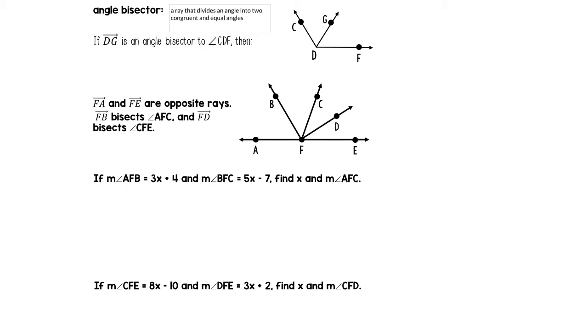So this says if ray DG is an angle bisector to CDF, then we can say that angle CDG is congruent, that's what that means, to angle GDF, and the measure of angle CDG is equal to the measure of angle GDF.